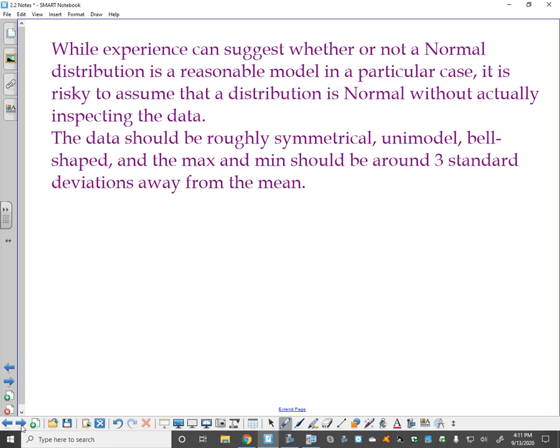Okay, that was a ton of information. I want to make sure that you know the difference between that and that. You use this when you want area under the curve.